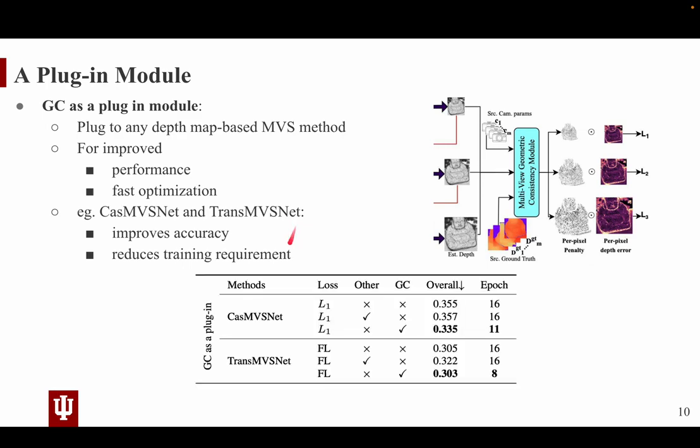We apply the GC module at the end of CAS-MVSNet and Trans-MVSNet and keep everything else the same, and then train the network. After training, we see that we significantly improve the overall metric for both these models, and we also require a relatively smaller number of epochs to train the model to its optimal performance.